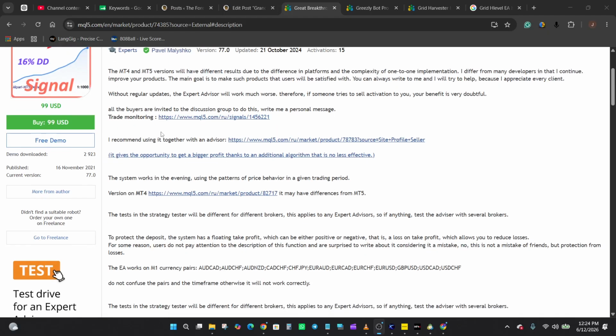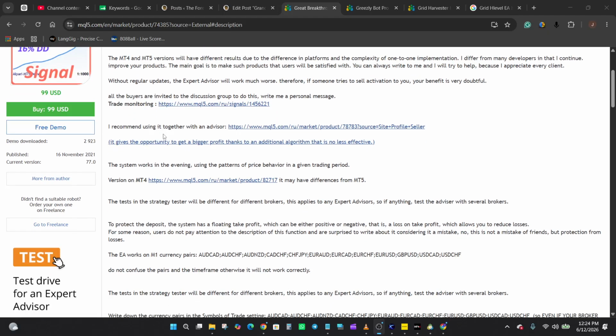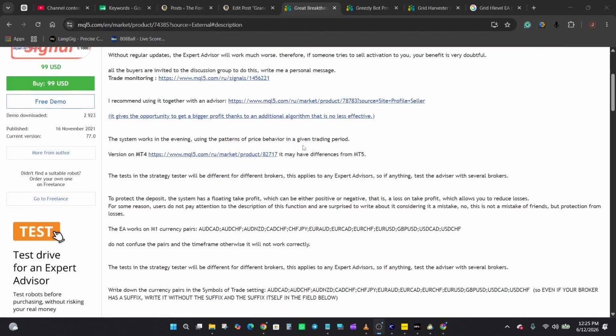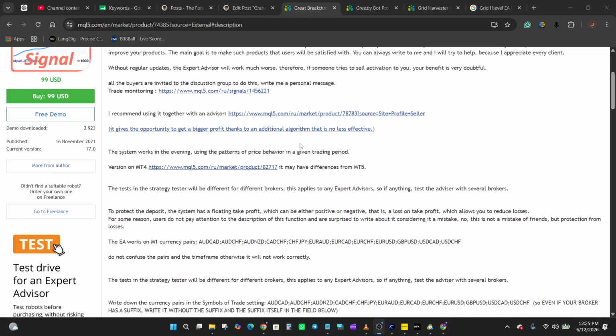Looking further down the page, the developer explains that the system works during the evening trading session and uses patterns of price behavior within a specific trading period. Beyond that, no additional strategy details are provided, so it's important not to make assumptions about the exact entry or exit logic. The marketplace page also provides very specific usage instructions.